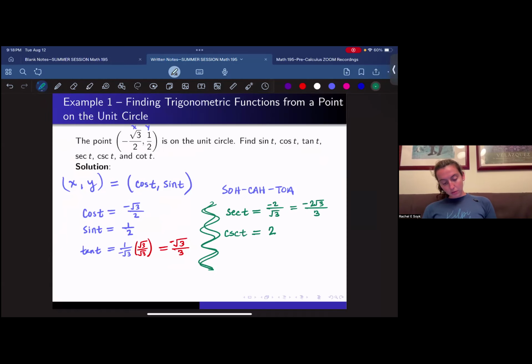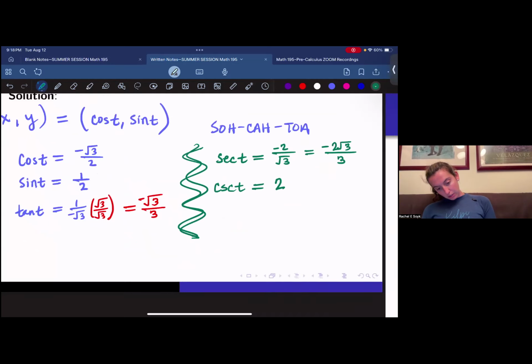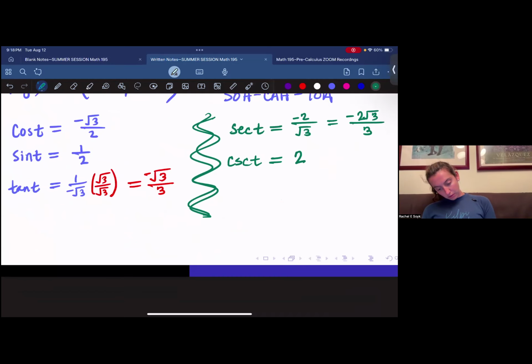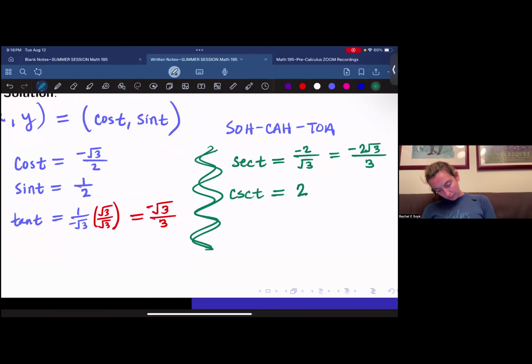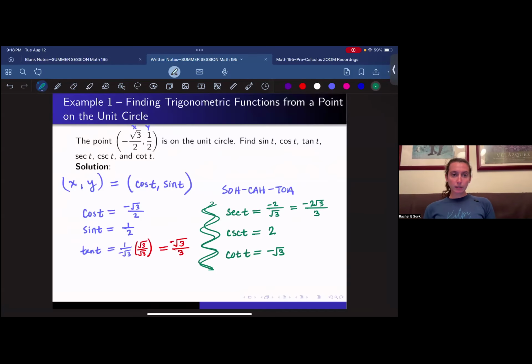And then the reciprocal of tangent is cotangent. And so flip this and we get negative square root of 3. And we're done. Let's continue.